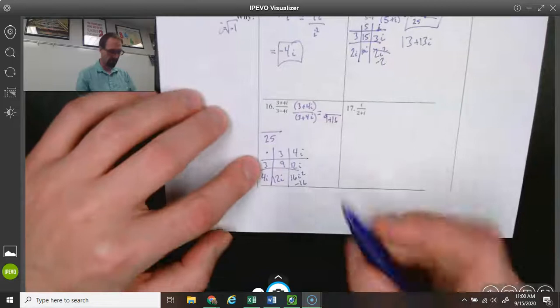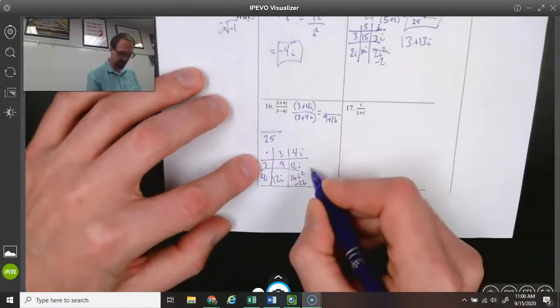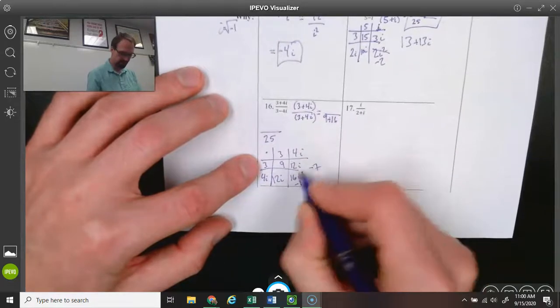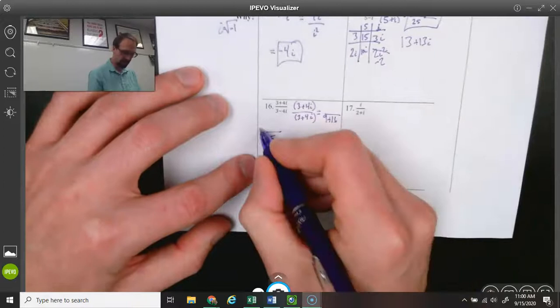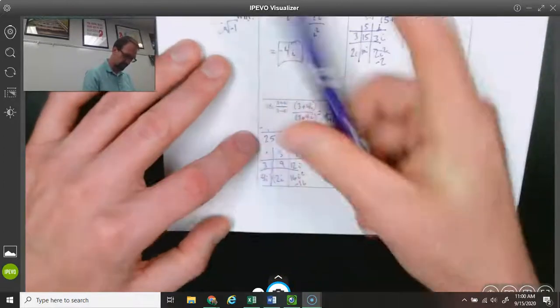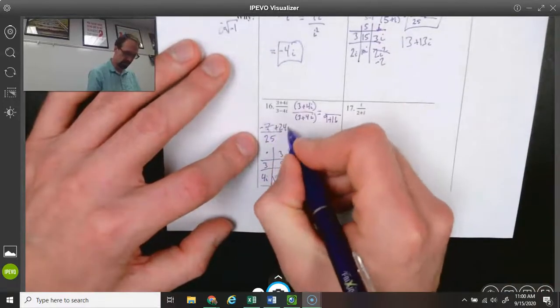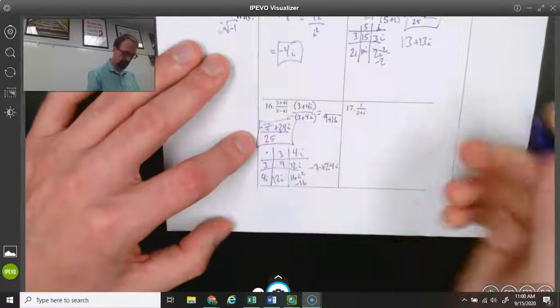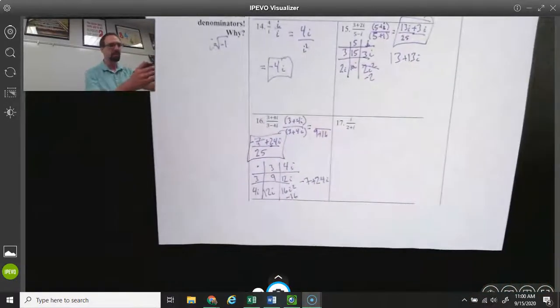So what we have here, 9 minus 16. 9 minus 16 is -7. And then if I combine those others together, I get 24i. This is going to be -7 plus 24i.